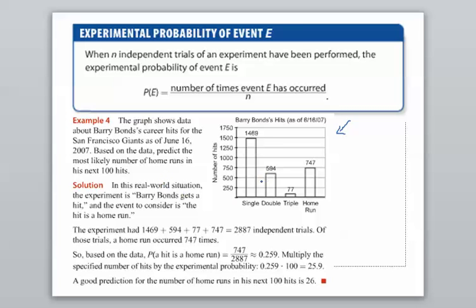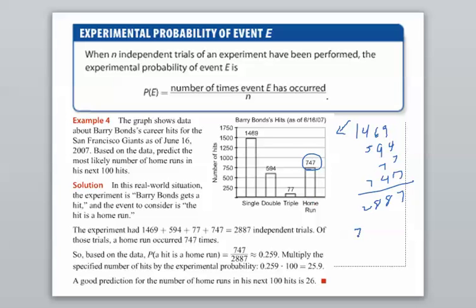So let's do this. Let's figure out the total number here. So we're going to take 1469 plus 594 plus 77 plus 747. Adding quickly, you get 2,887. That's 2,887 independent trials. And he hit home runs 747 times.